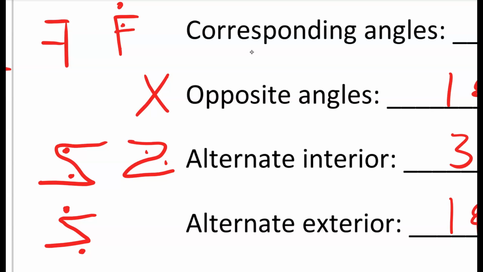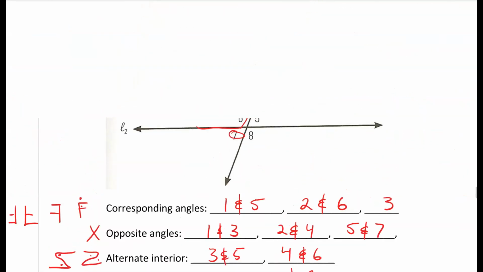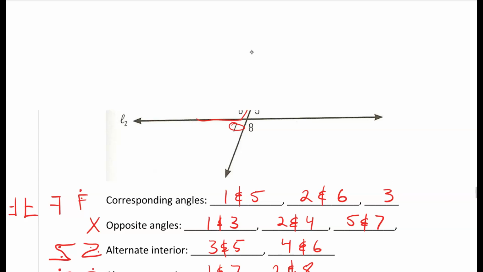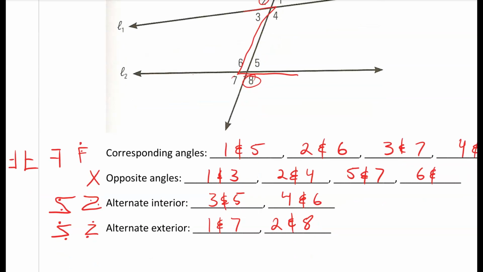So interior is inside, and exterior is going to be outside. So we'd also have our shape of a Z here, and we'd have exterior and exterior angle.